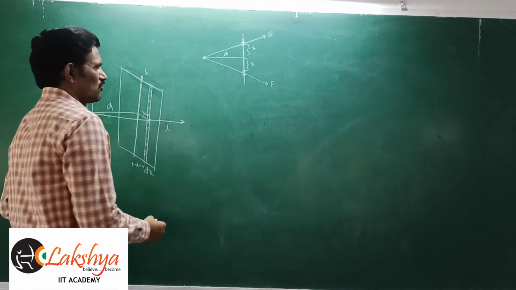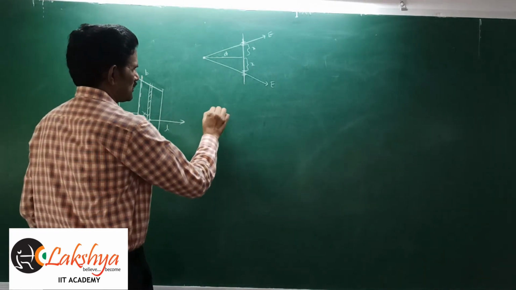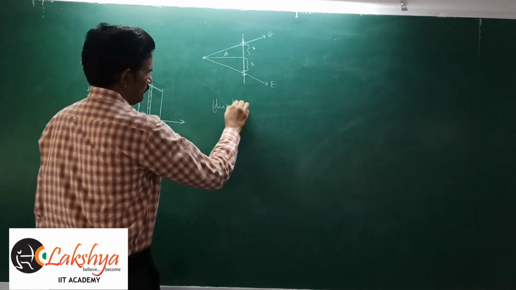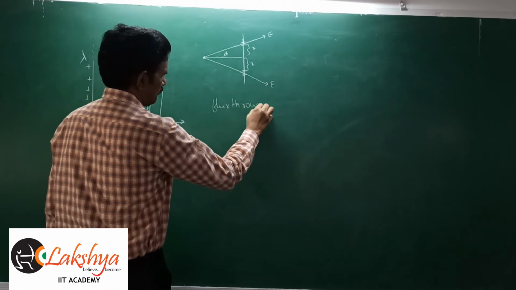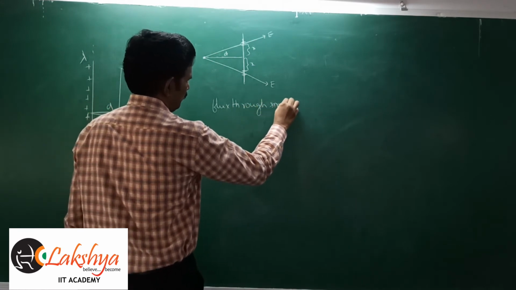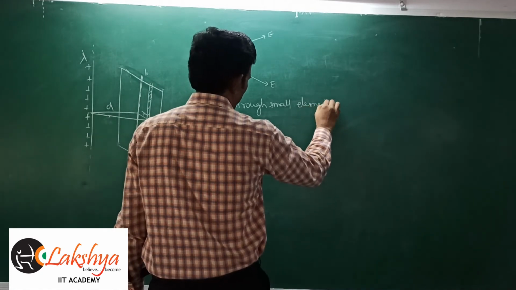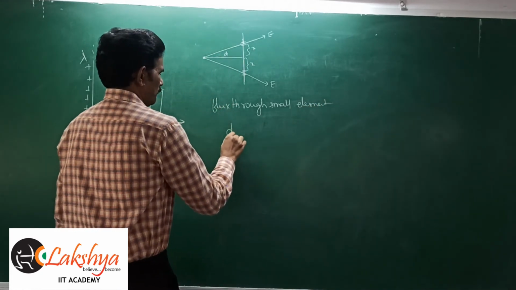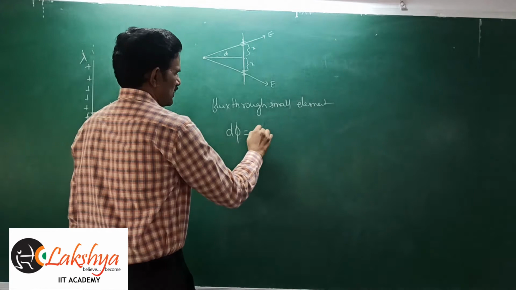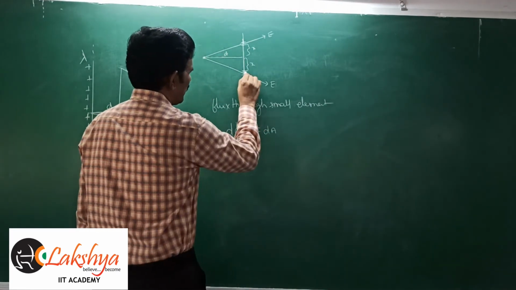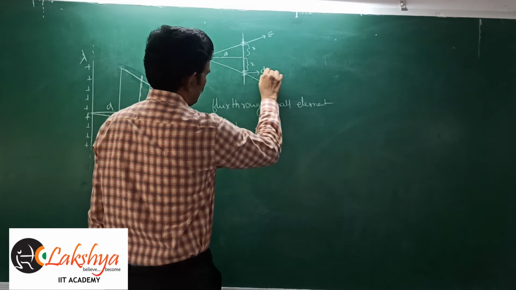So now the flux through the small element I can write as d phi is equal to E into dA, where the area element will be like this, dA.